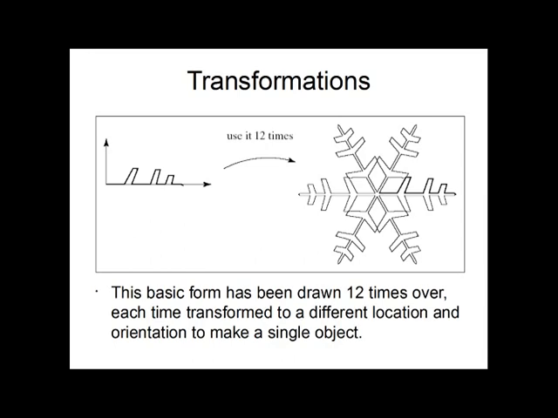In this case, a very simple model with a few points has been used 12 times in order to make a composite image, each time rotating or translating or flipping it differently.